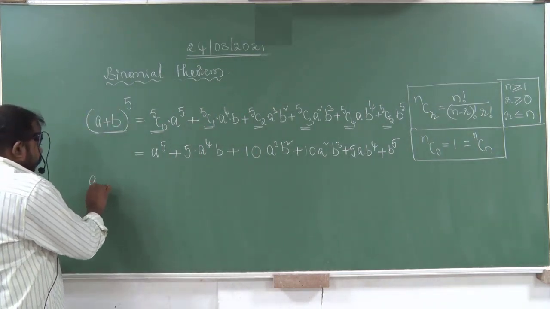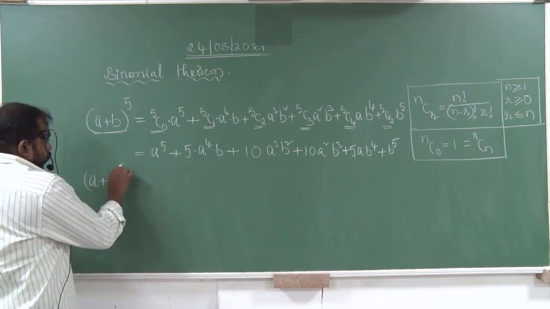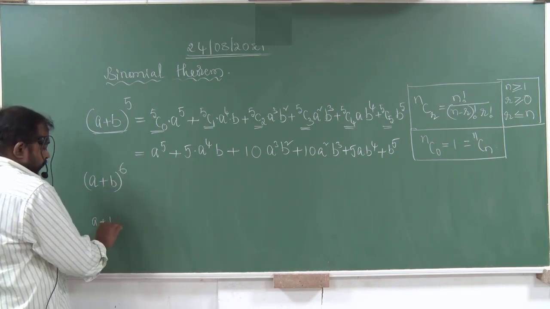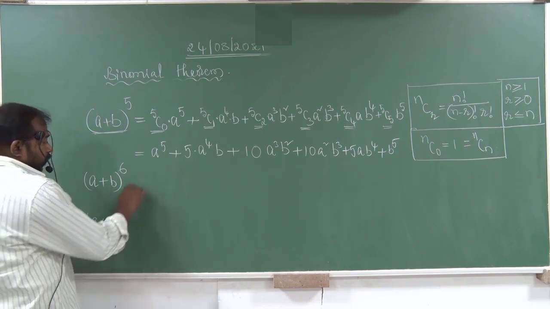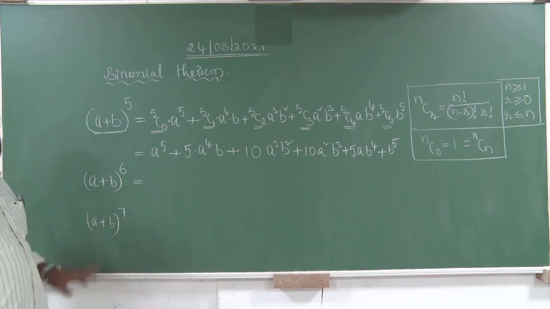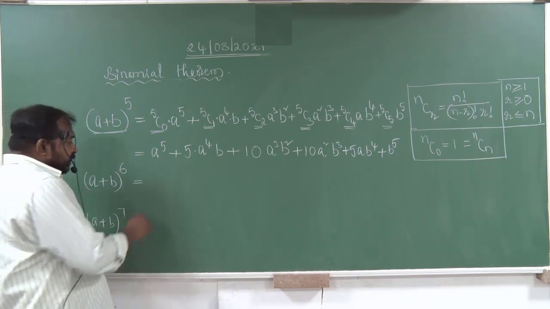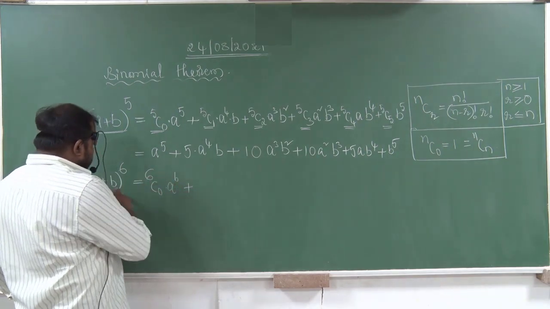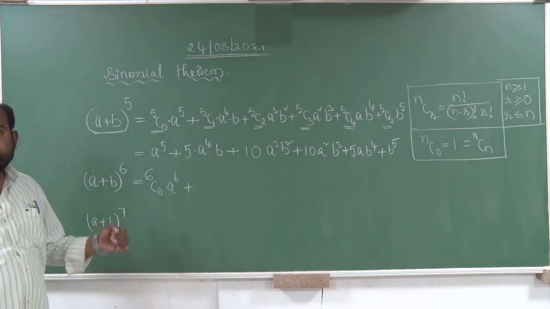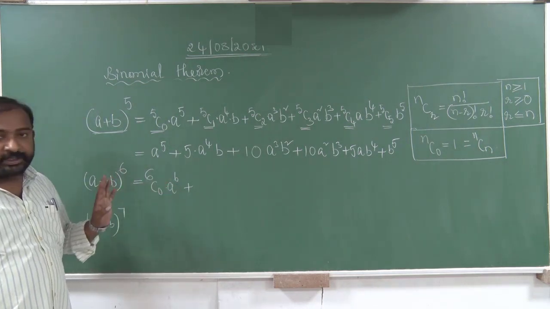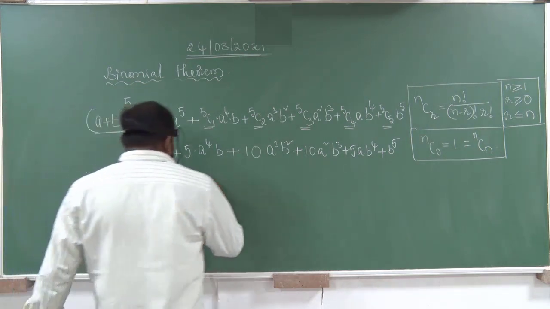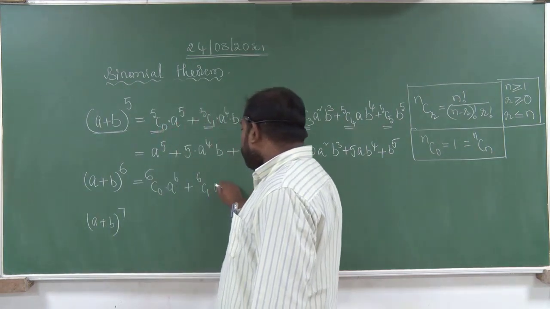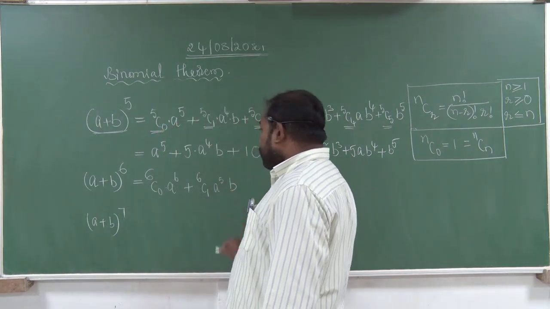Similarly, you can try for (a plus b) whole power 6 and (a plus b) whole power 7 also. Then what is the (a plus b) whole power 6 expansion? Tell me. 6C0 into a power 6, the highest power, in the first term. Then the next value is 6C1 into a power 5 into b.